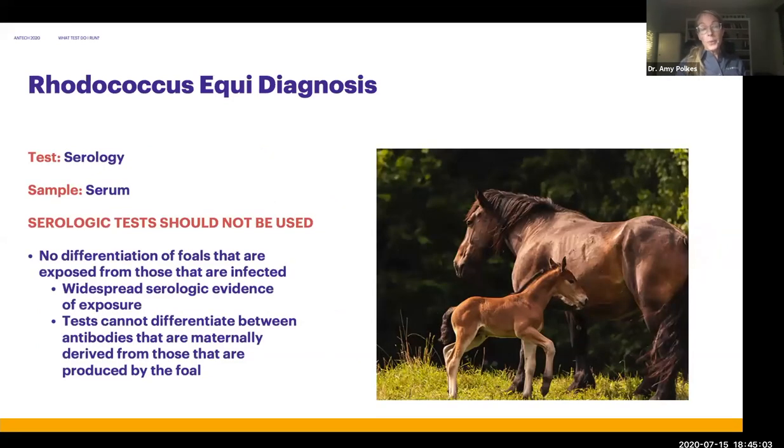What we don't use is serologic testing. There was a long time ago people were using this, but the problem with serologic tests, and why we don't recommend them, is that there's a lot of exposure and they can't really tell whether it's antibodies that are maternally derived or those that are produced by the foals. So we just really don't recommend it.